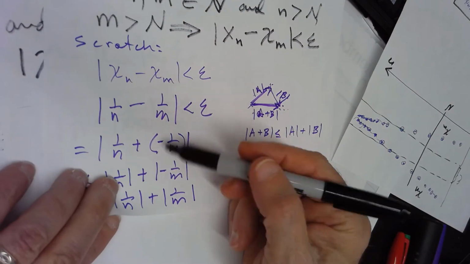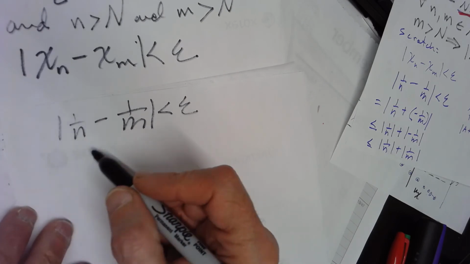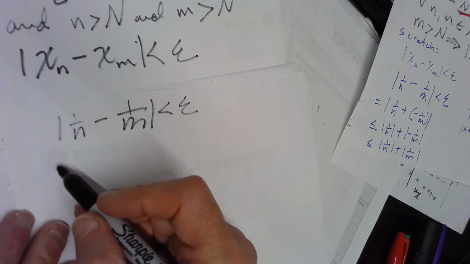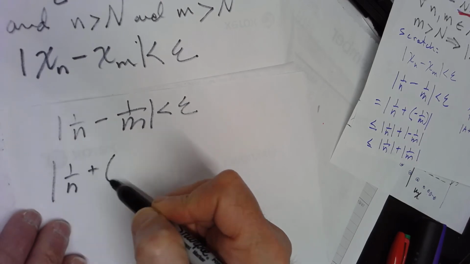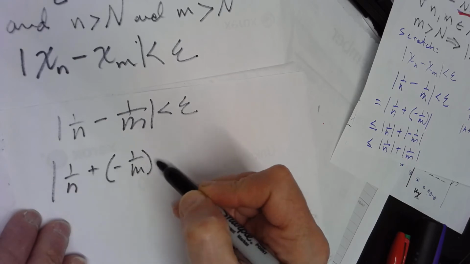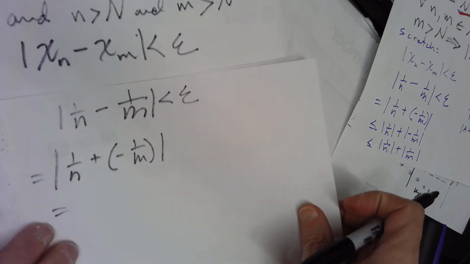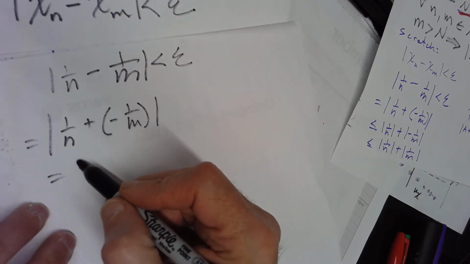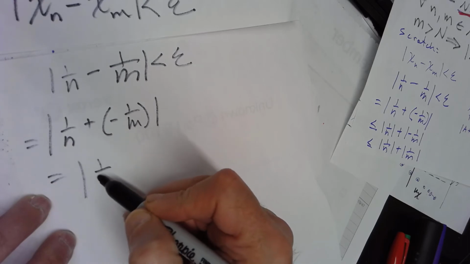Okay, so we're just going through this whole sequence all over again, and so we can say 1 over n plus the quantity negative 1 over m, and that equals, so here this is 1 over n.